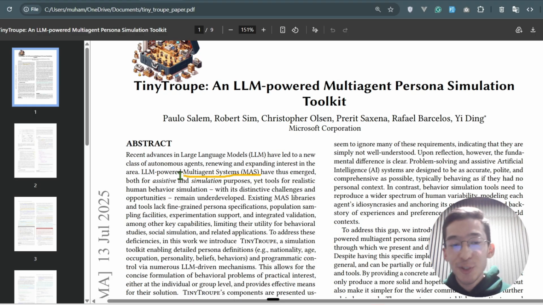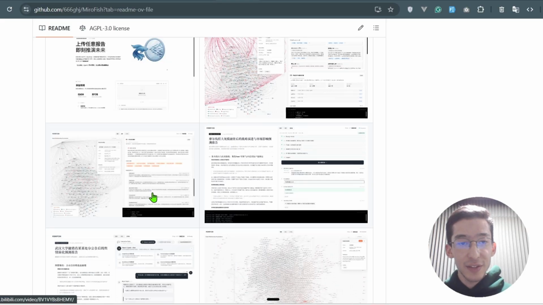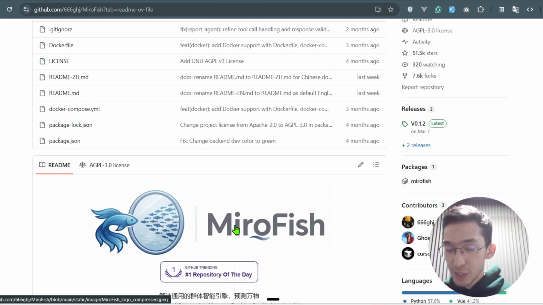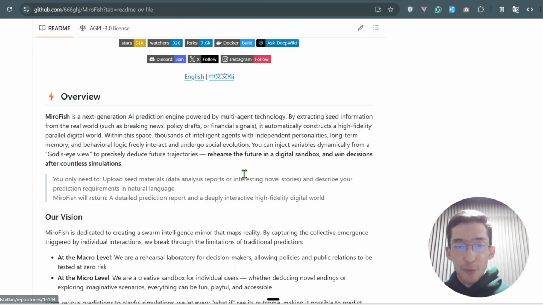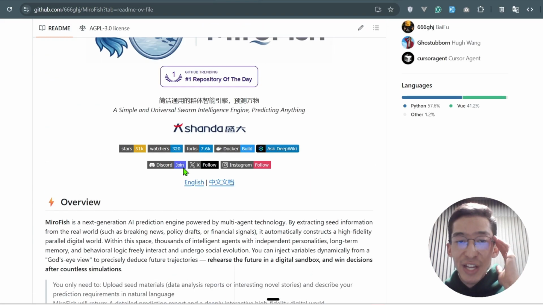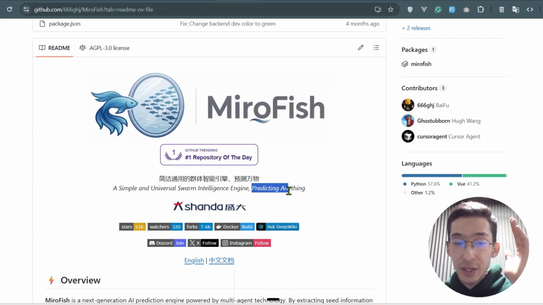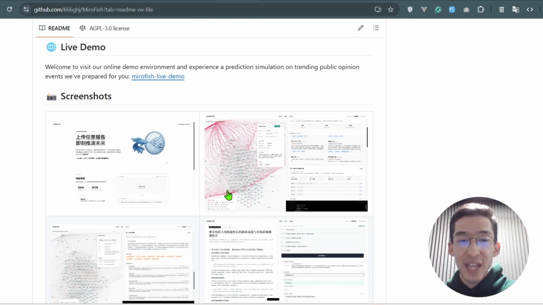First and foremost, TinyTroupe is a multi-agent system. So what other kinds of multi-agent systems do we have? An alternative, you can say, is MiroFish. MiroFish has become popular in recent weeks, recent months, I can say. And MiroFish also predicts, here it says, predicts anything from data.